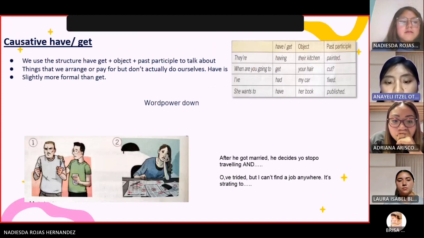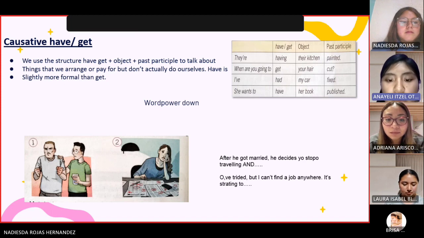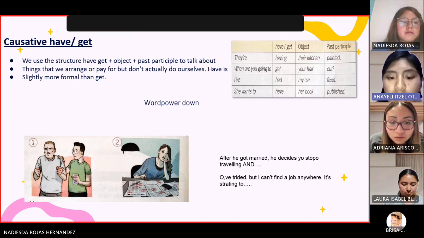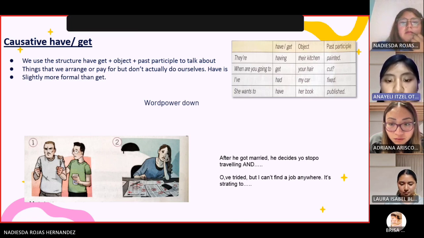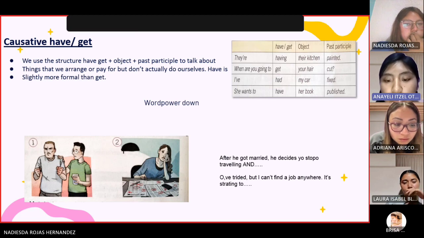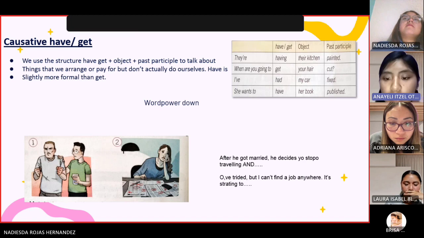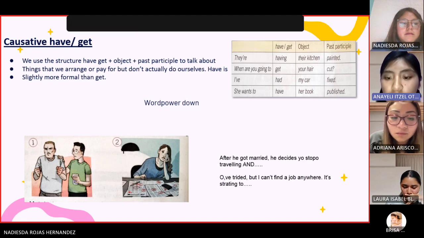Next, in the unit, causative have and get. In the unit, some topics were developed, such as the structure have plus object plus past participle to talk about tasks that someone else does for us. Have is a bit more formal than get.